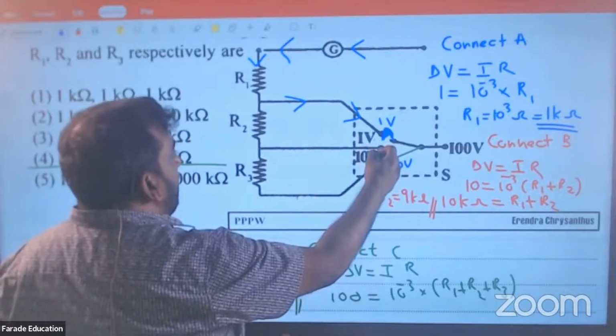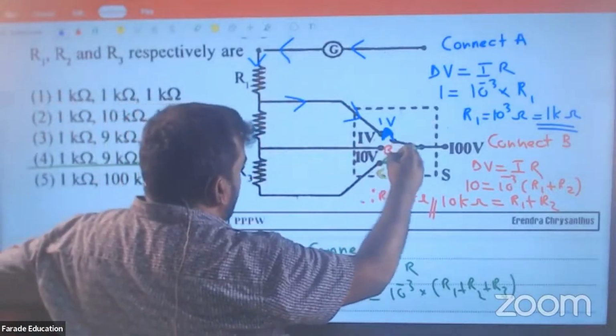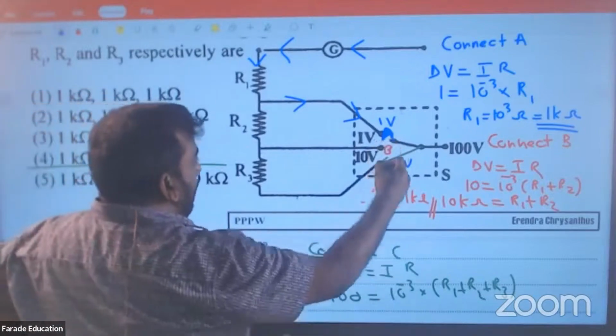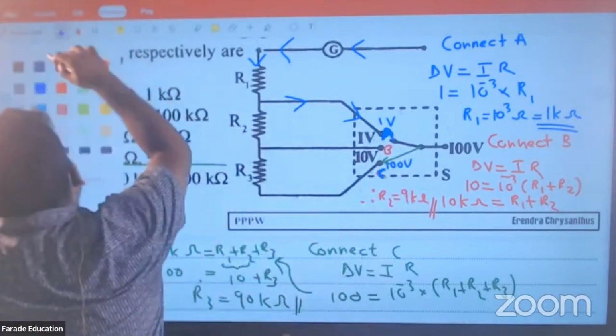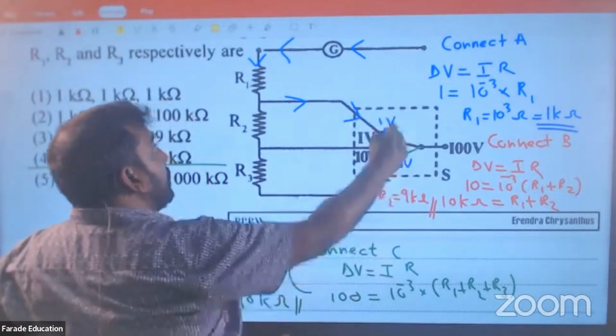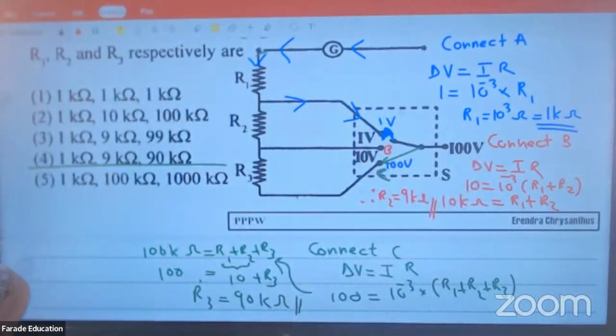When it's connected to terminal B, current will pass through R1 and R2 and terminal B. When it's connected to point C, terminal C, current will go through R1, R2, R3.